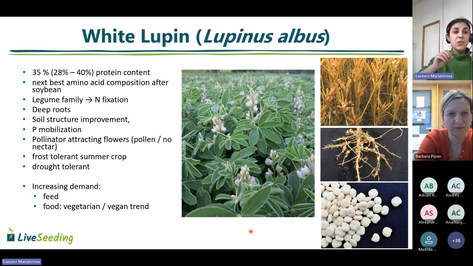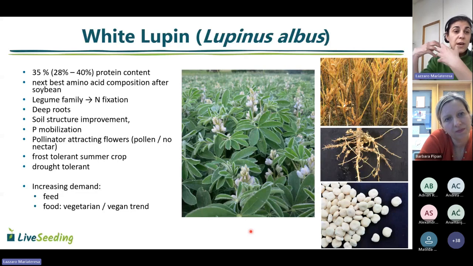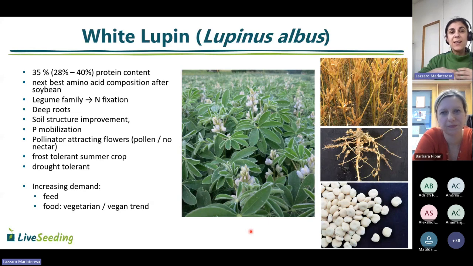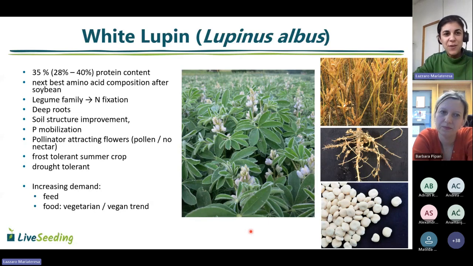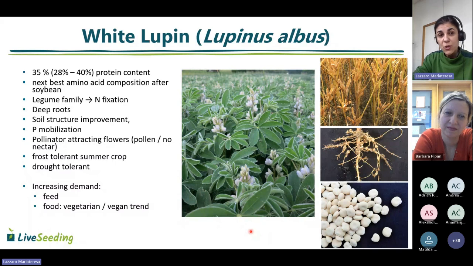And thanks to this special type of roots, which are called cluster roots, when in the soil there isn't enough phosphorus, these roots are produced in order to mobilize the available phosphorus.